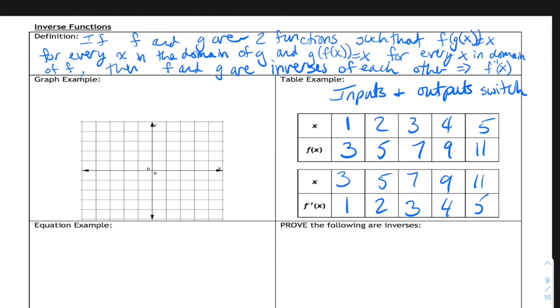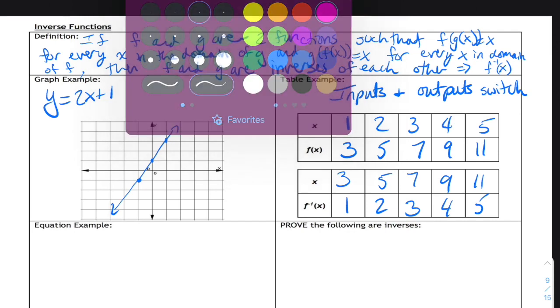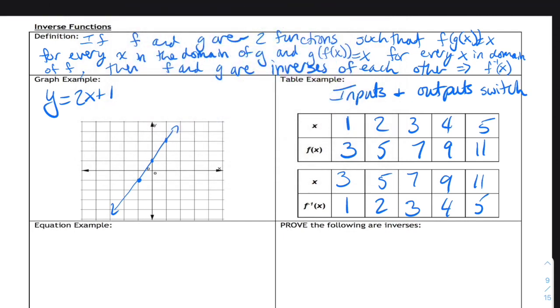Now, if we have a graph example, let's say y equals 2x plus 1. We'd go ahead and plot that, right? We'd go ahead and graph that. And so here would be that one, and I'm going to change colors here. And the inverse of this one, we would reflect over the line y equals x, but it would actually be y equals 1/2 x minus 1/2.